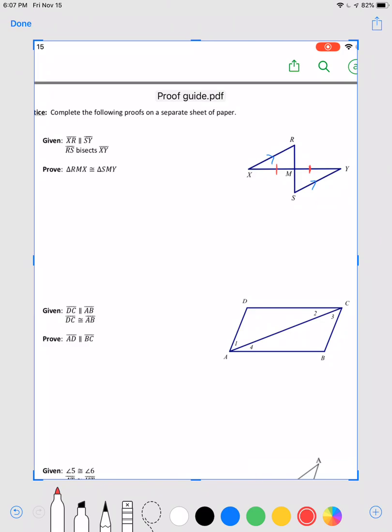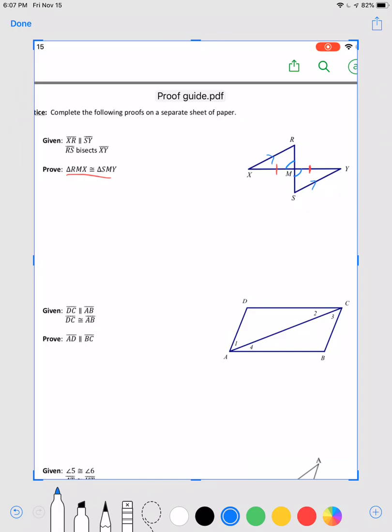Now, when we're trying to prove two triangles congruent, we usually need three pairs of parts to be congruent, and then we apply one of our shortcut theorems. At the moment, between these two triangles, the only thing we have is the line segment XM being congruent to MY. But we can also say that these two angles are congruent.